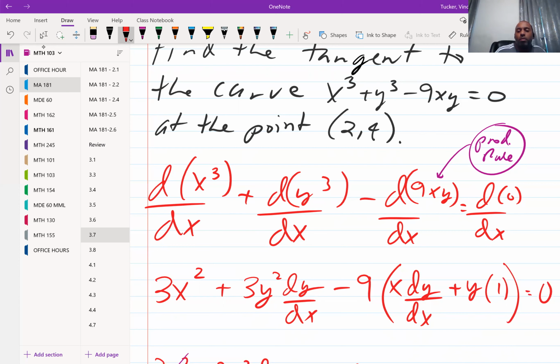All right, any problems? I didn't mention it, but of course, derivative of 0 is 0.